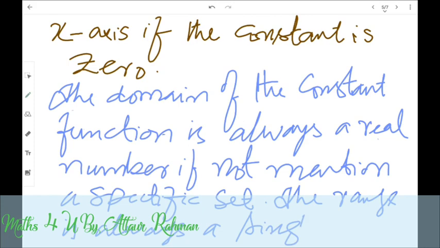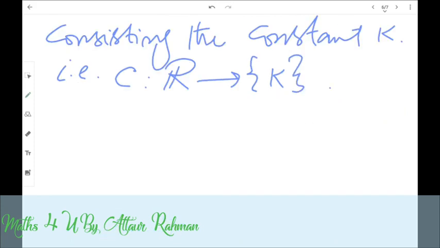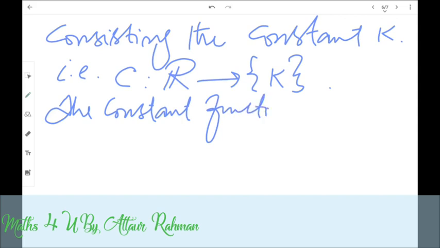Now we are defining the constant function like this: a constant function c is defined as a function from real numbers to a specific set containing k. The constant function is onto.